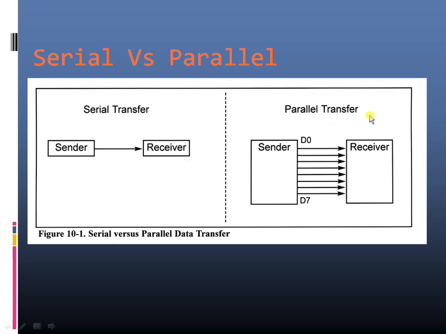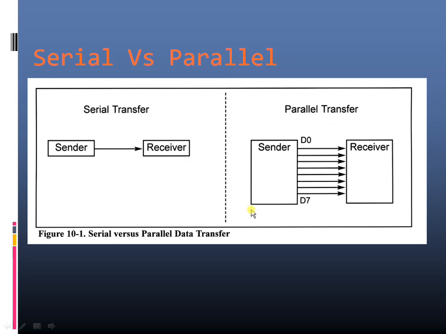In parallel communication, there is a chance of noise degrading the message. That is the main drawback of parallel communication. And the system looks very complex, and whenever a system is complex, the cost required for implementing it is very high.